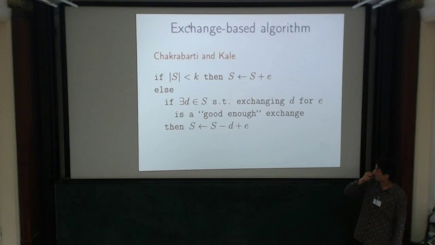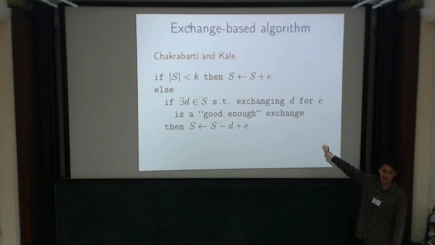All right. So Chakrabarty and Kale, remember, they're going after slightly more sophisticated constraints like matroids and matchings, where we do some exchanging. So long as we haven't filled up our set yet, they're going to just take everything, because we're in a monotone regime and that can't hurt us. On the other hand, once S is filled up, they're going to look for ways to add the element while keeping S independent. In the case of the cardinality constraint, just look for one element to delete. And if they find something that is a quote-unquote good enough exchange, they'll make that exchange, right?